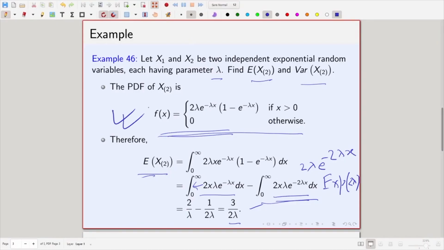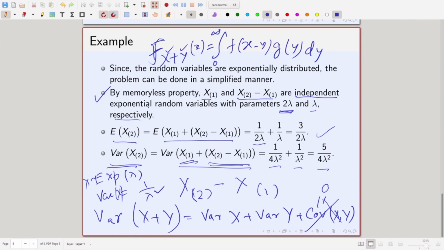So you can try it out as an exercise: using the convolution formula, find the density of x bracket 2, and you should end up with this formula. Fine. So although in this example I have just worked out the mean and the variance, using all these properties of exponential, you can also find the density of the maximum of 2 exponentials using this convolution formula.